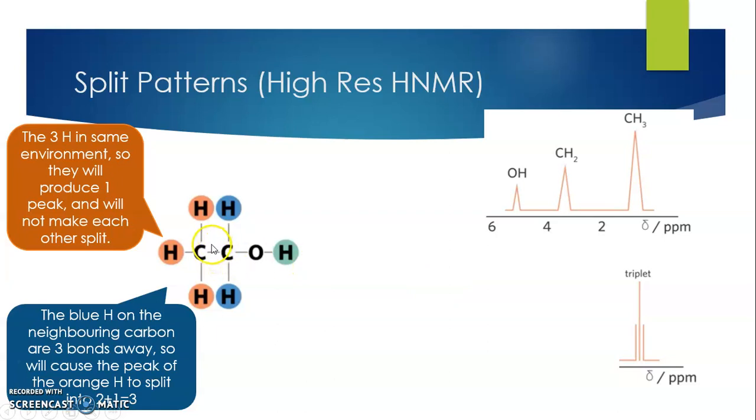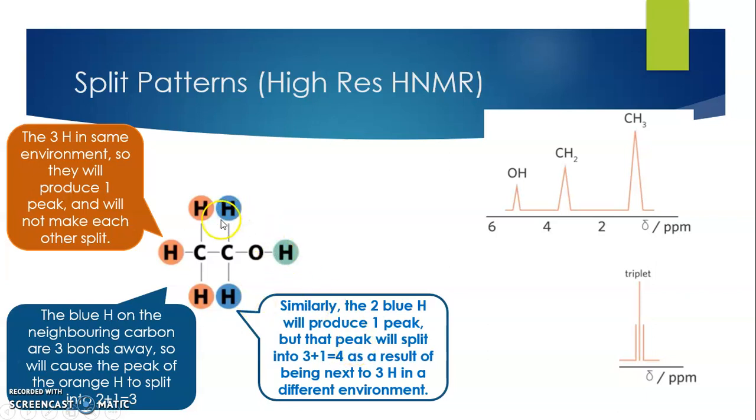Okay? So are these really neighboring hydrogens? Well, if you count, there is a CH bond, the first bond, carbon-carbon, second bond, and then this CH bond, third bond. So both blue hydrogens are 3 bonds away from these orange ones. Similarly, you would guess that these orange ones will also cause the blue ones to split.